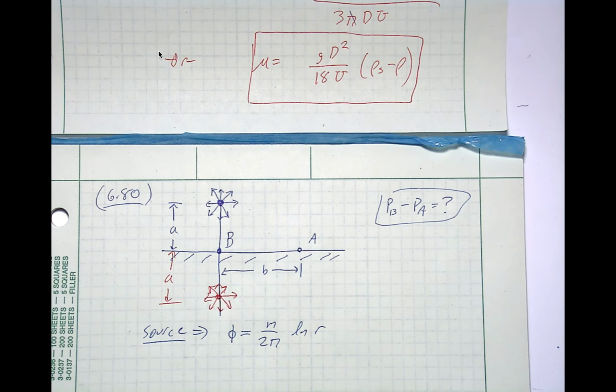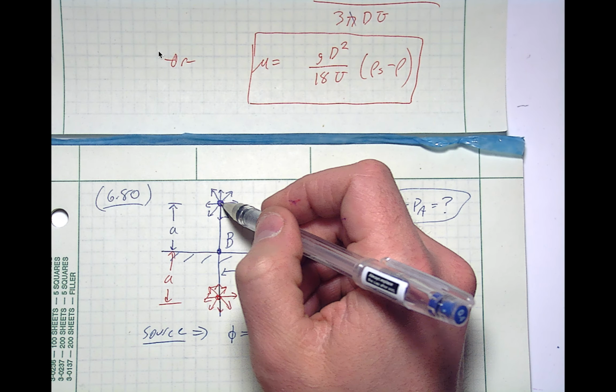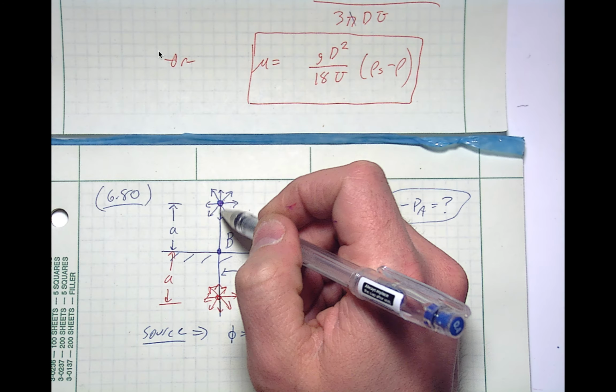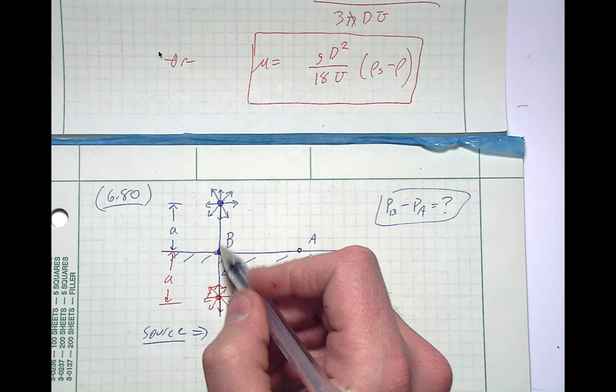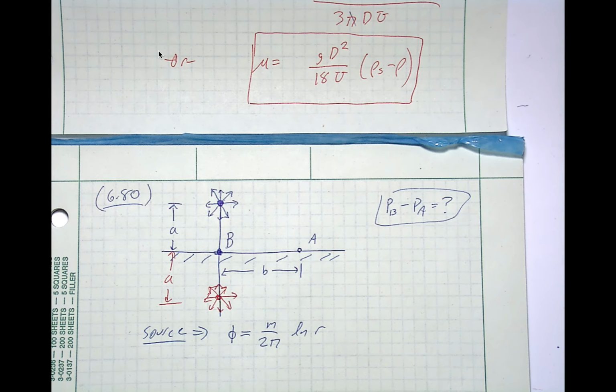Well, that would be easy for one of these, but not so easy for the other one. So it's going to be convenient to choose an origin point here and shift these both off of that origin symmetrically. And so we can then take advantage of that symmetry.